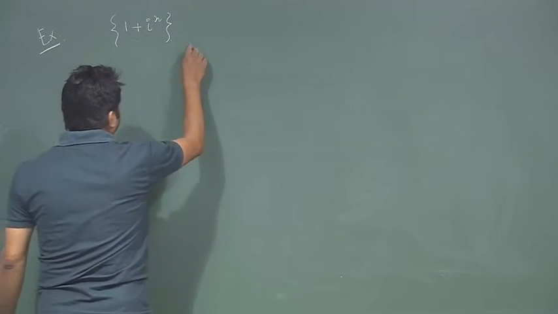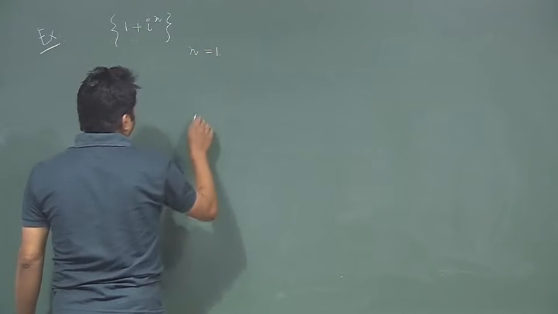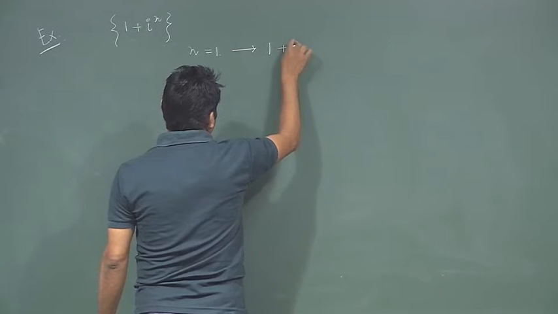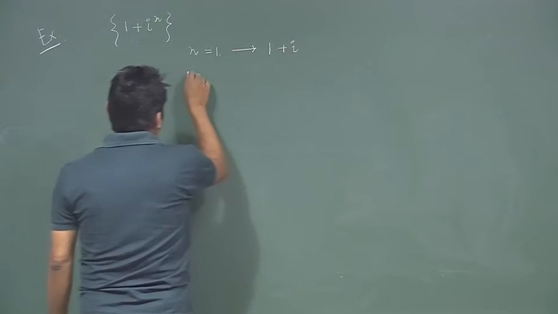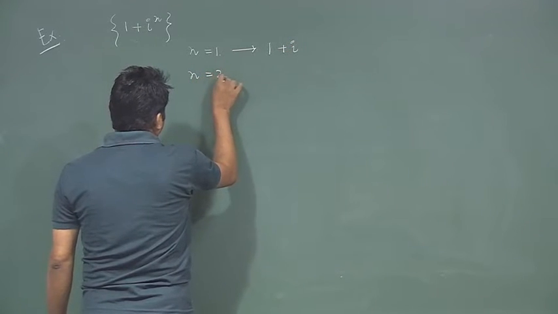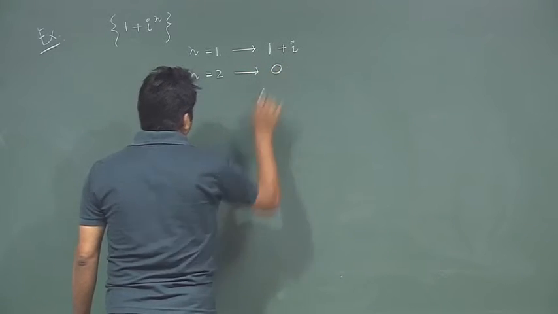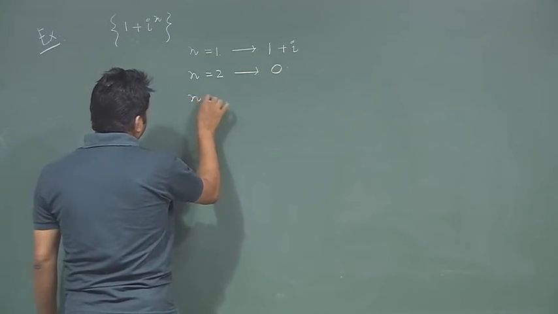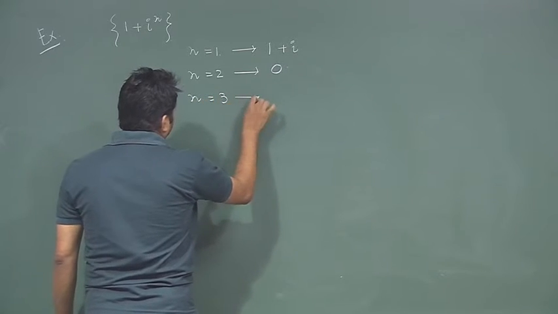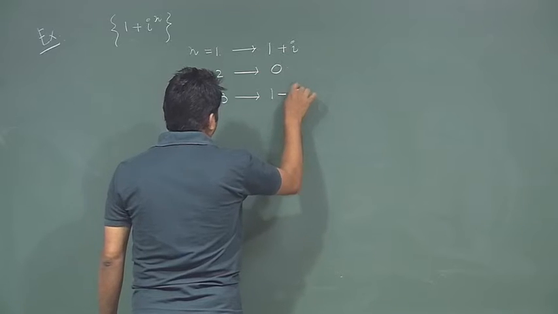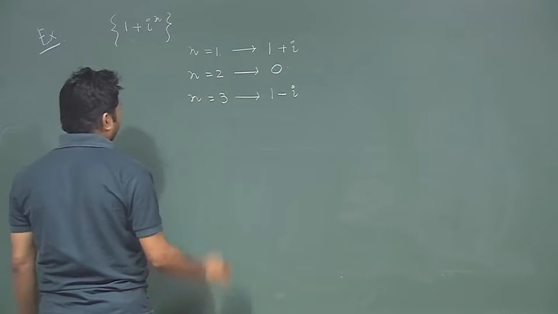So, when n is equal to 1, I will have my first number. When n is equal to 2, I have the second number. When n is equal to 3, I have the number i minus 1 minus i.